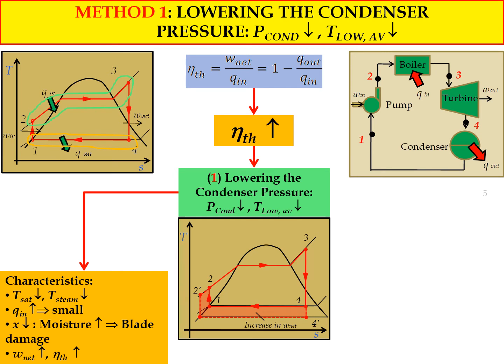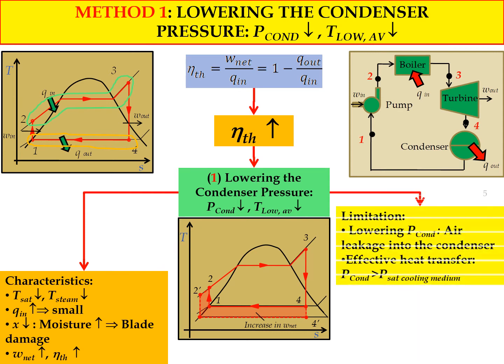And another thing is the moisture content will be increased and the vapor content will decrease, which are not good for the blade of the turbine. However, we can increase the overall work net of the system, and also the thermal efficiency of the system.